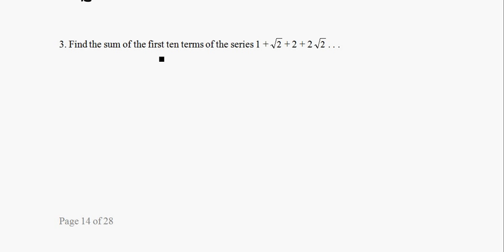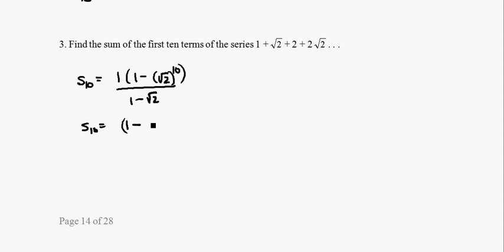My first term is 1, and we want to find the sum of the first 10 terms. So the sum of the first 10 terms would be the first term times 1 minus the common ratio to the 10th power all over 1 minus radical 2. I'm going to write this 2 as 2 to the 1/2 raised to the 10th, all over 1 minus radical 2.